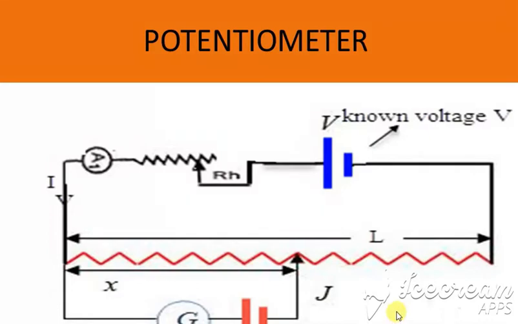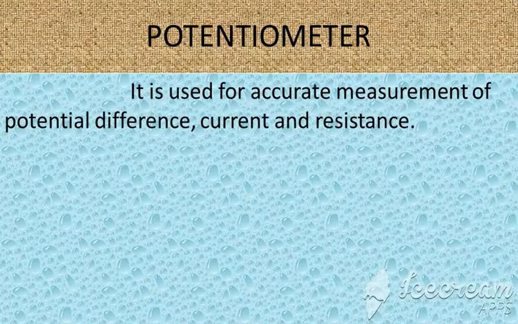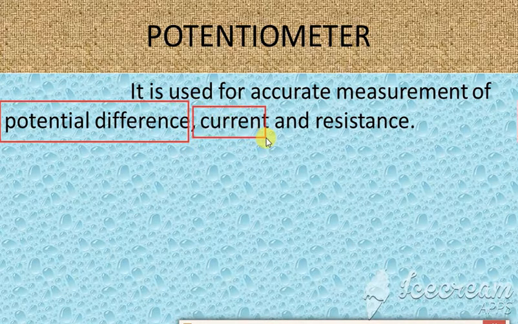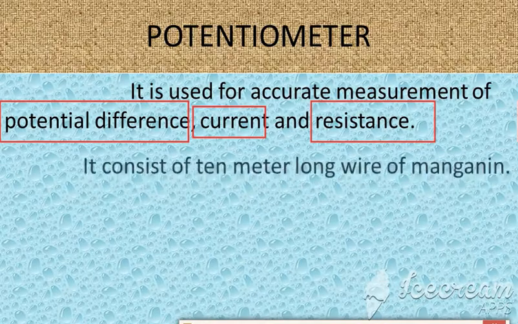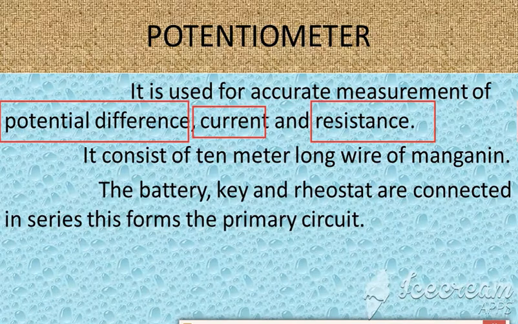When you see here, the first point is it is used for accurate measurement of potential difference, current and resistance. So what can be measured is potential difference, current and also resistance. These can all be measured using this potentiometer. Next, it consists of a 10 meter wire. Next, battery, key and the rheostat are connected to form the primary circuit.